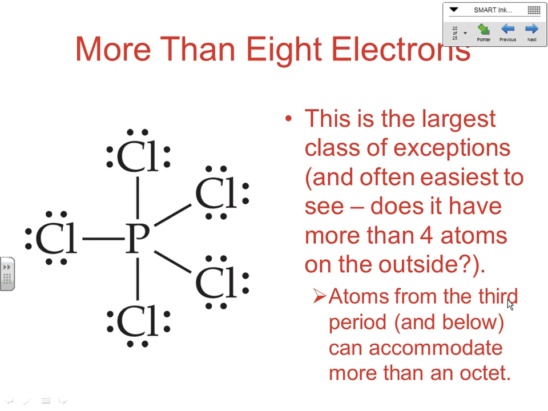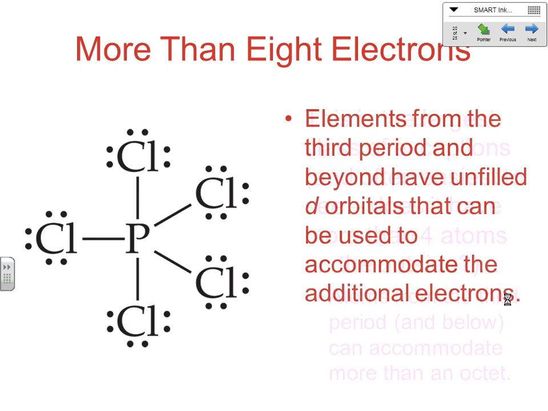Now, what's really happening here is when you have an atom from the third period and below on the periodic table, so third period, fourth period, and so on, they can accommodate an expanded octet for a variety of reasons. One of which is there's a nearby d sublevel that has space available for bonding. So we can end up forming a hybridization with a d sublevel because it's so close and it's unfilled.